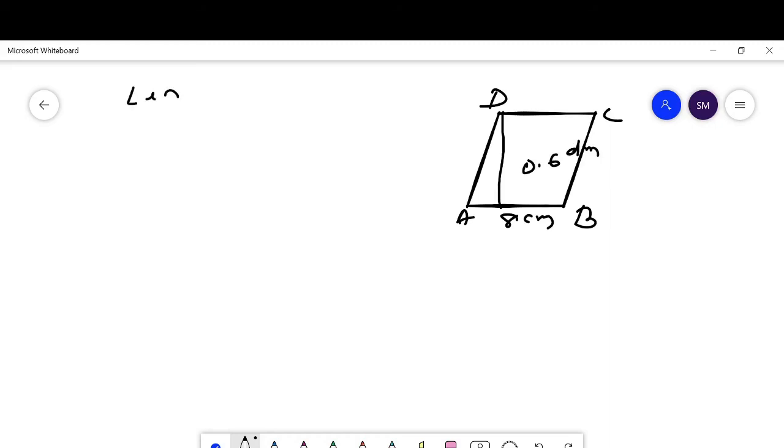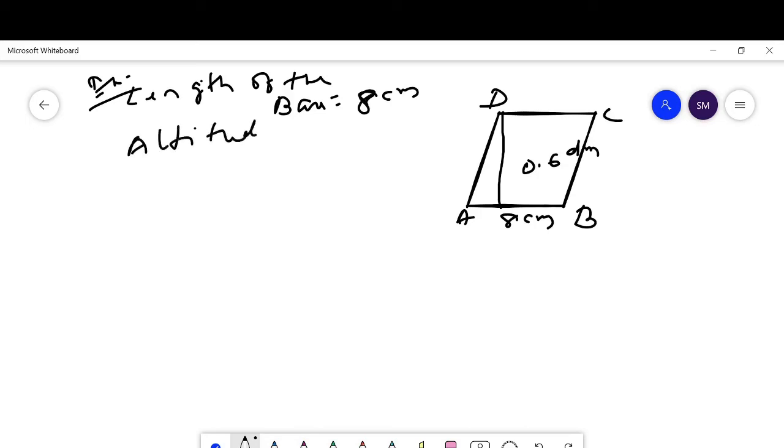Here, at first try to understand the question. Length of the base or side is equal to 8 centimeter. Altitude is equal to 0.6 dm. At first convert it into the same unit. 0.6 dm is equal to 6 centimeter.